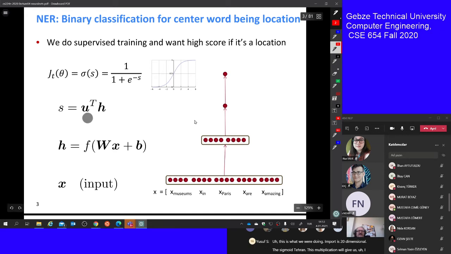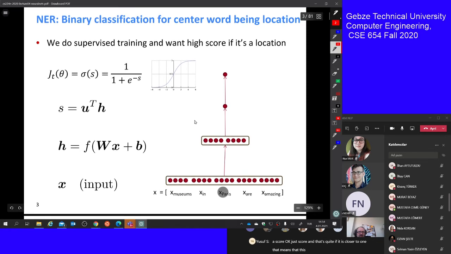Remember previously we said that we are doing softmax. Here in this case we are not doing softmax. It's just a simple vector multiplication, and then we get the result and we put it in a sigmoid to get a number between 0 and 1. So this is going to give a score, just a score. If it is closer to 1, that means the center word is a location. If it is closer to 0, then that word is not a location. Very simple multi-layer network. Okay?